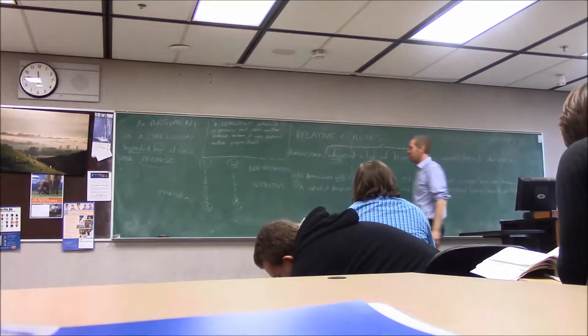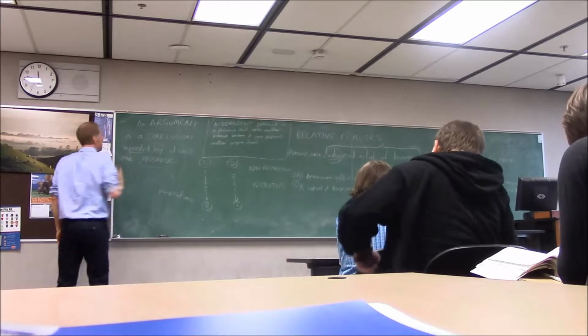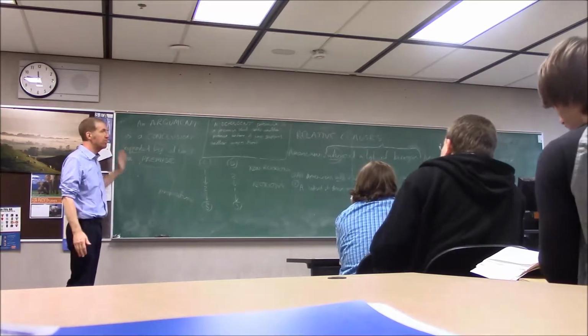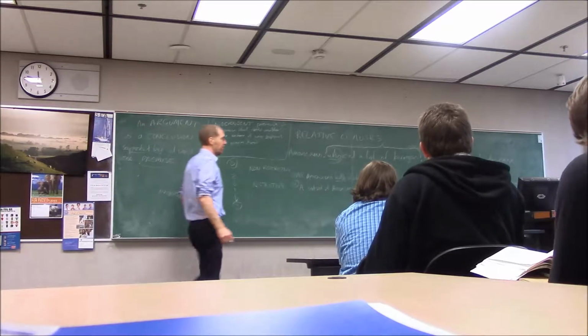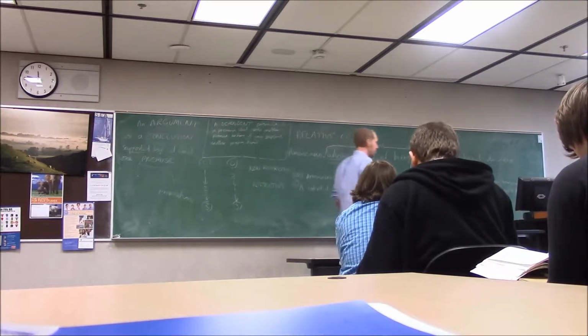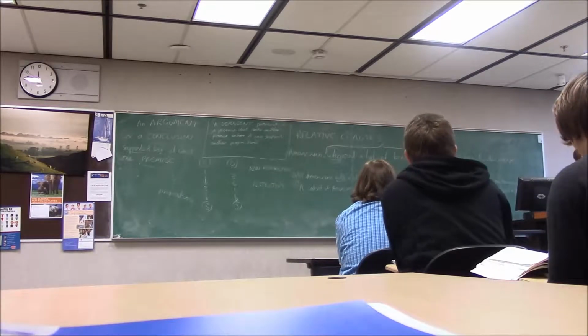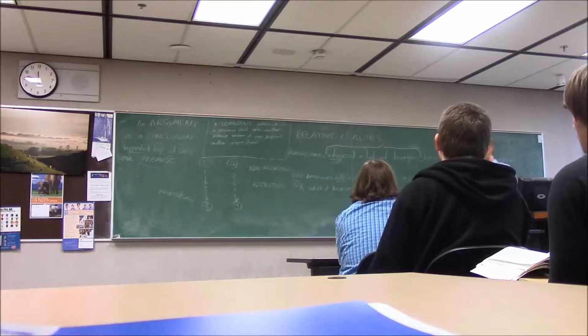Now, the next step we're going to talk about is, well, we've already seen that this is what an argument is. It's a conclusion supported by one or more premises. What do we mean by support? Well, the first thing we're going to do is learn how to illustrate the logical structure of an argument.